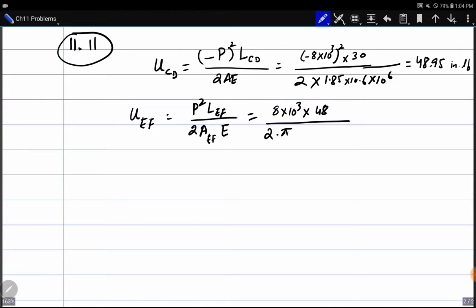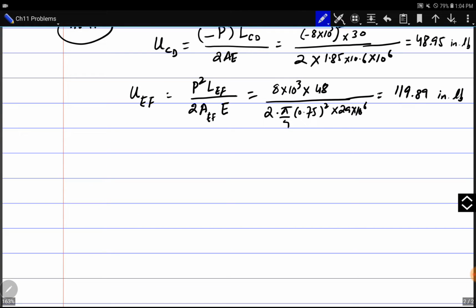It becomes 119.89 inch pounds. Okay, we have calculated capital U for CD and EF separately.